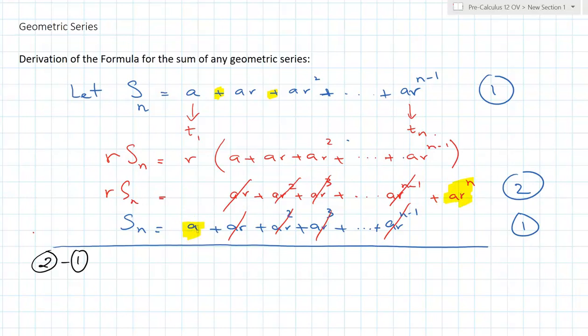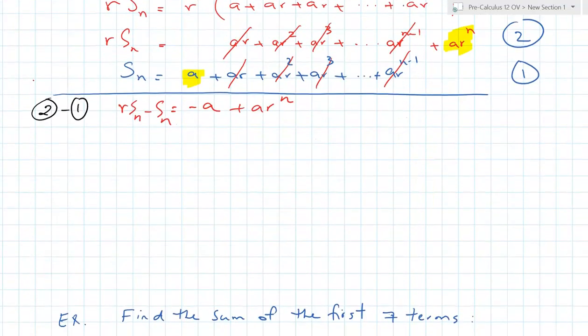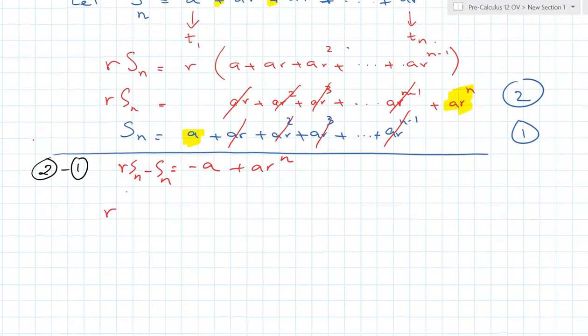Now it is a subtraction, so let's write this as: we have rSn minus Sn equals minus a plus ar^n, because we are subtracting. Very good. So now let's simplify more.